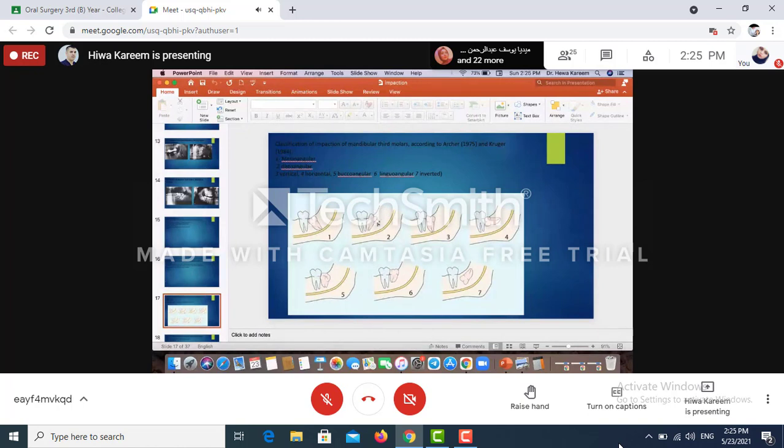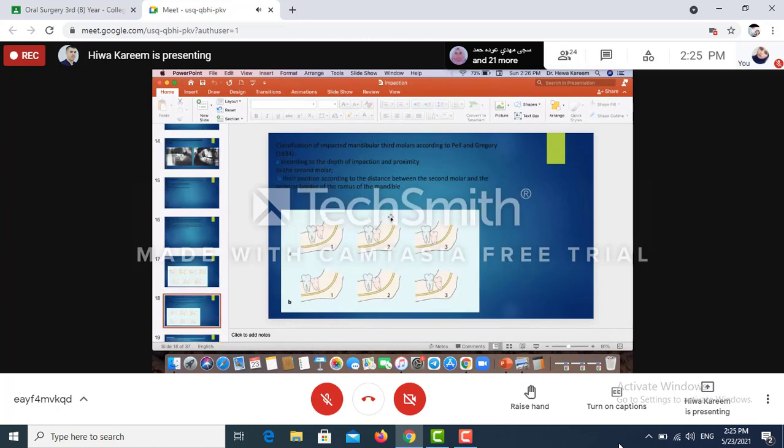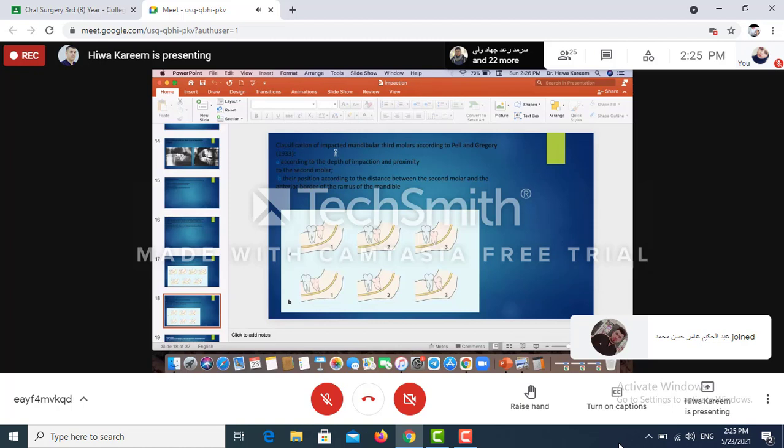In all kinds or types of impaction, you must be careful about this anatomical structure. This is the inferior alveolar canal. The inferior alveolar nerve passes through this canal. We have another classification, Pell and Gregory classification.